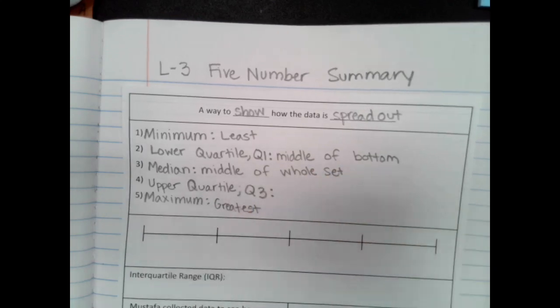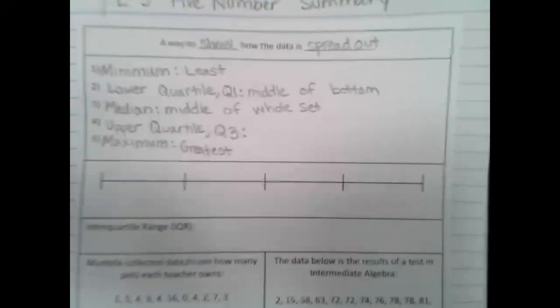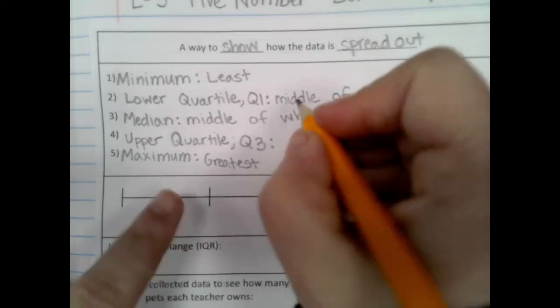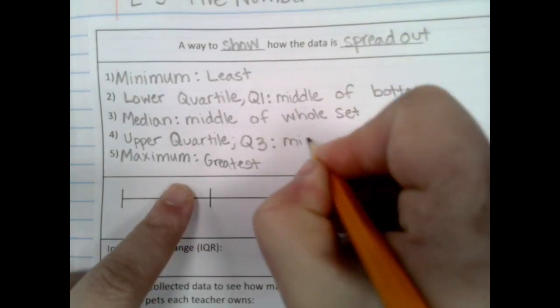We'll talk about why that is in just a moment when we go down to that number line. And the lower quartile is the middle of the bottom, so upper quartile is going to be middle of the top. You got it.